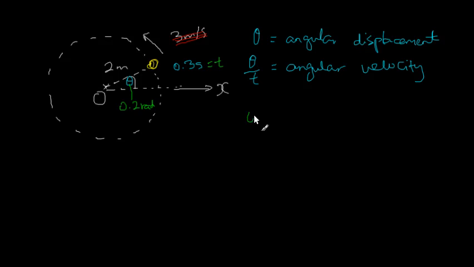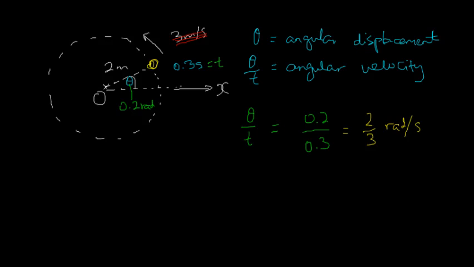So the angular velocity in this example is calculated by dividing the angular displacement of 0.2 radian by 0.3 seconds. And then the answer is 2/3. And the units in this case would be radian per second.